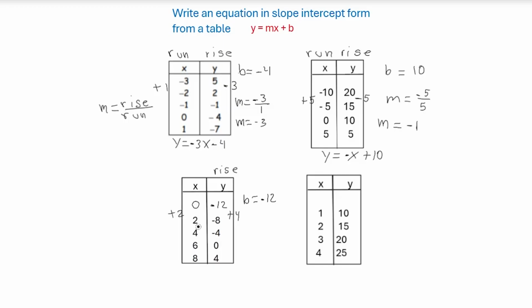0 plus 2, you get 2. Plus 2, you get 4. Plus 2, you get 6. Plus 2, you get 8. So this one is going to be the run. Okay. And then it's going to be the slope, rise over the run. Well, the rise is going to be 4 over the run, that would be 2. And you have to divide 4 by 2, then we get 2.